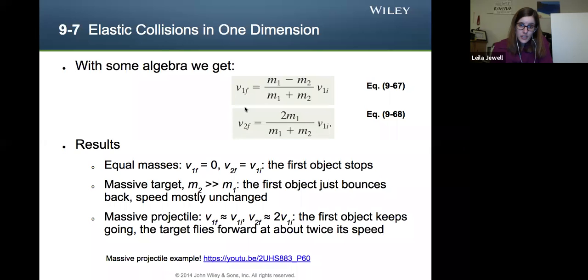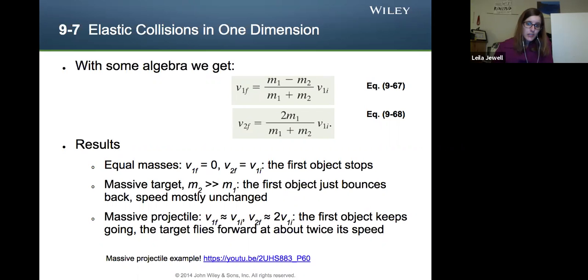For the second object, if all of these m's become the same thing, then we have 2m divided by 2m, and that cancels. So our final velocity of the second is just equal to the initial velocity of the first. It's a perfect transfer from one to the other, much like Newton's cradle. So that's an interesting special case. It matches what we've seen in our everyday life.